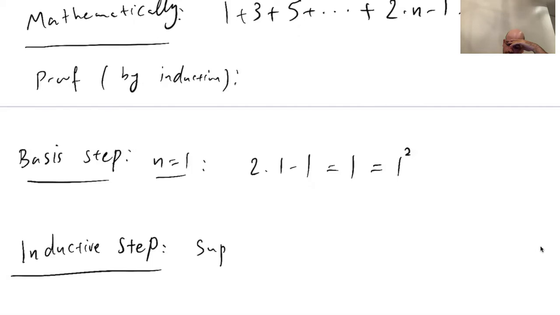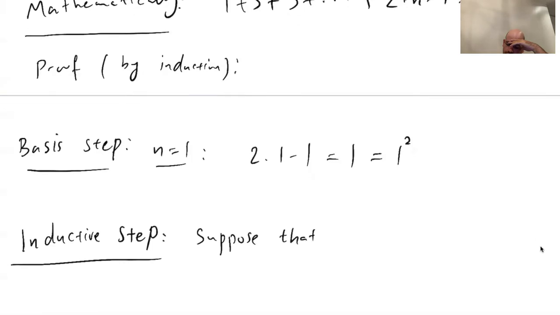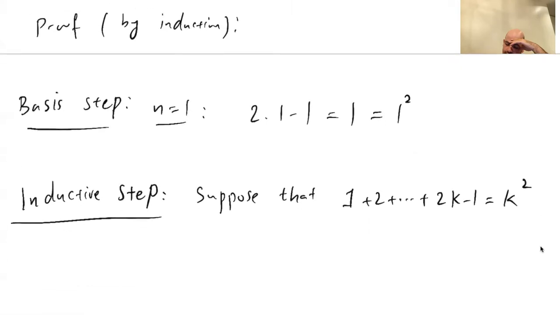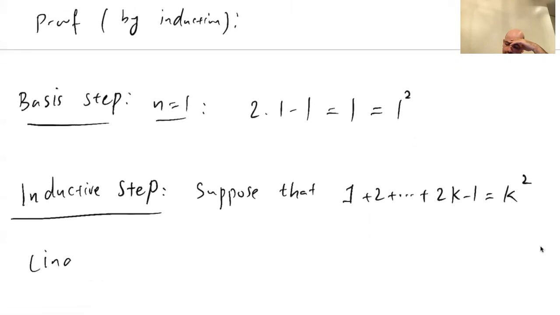So suppose that 1 plus 3 all the way to 2k minus 1 is equal to k squared, which is also called the induction hypothesis.